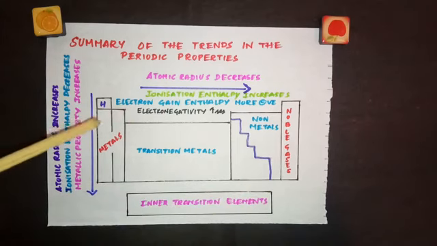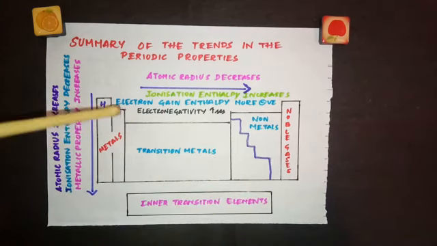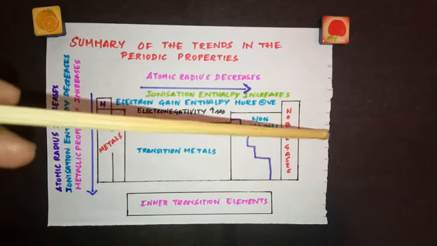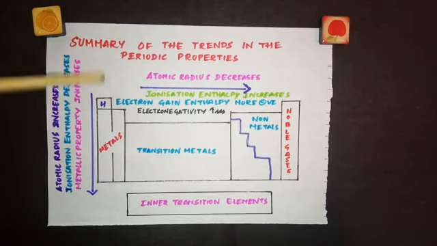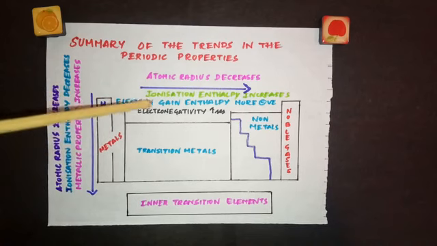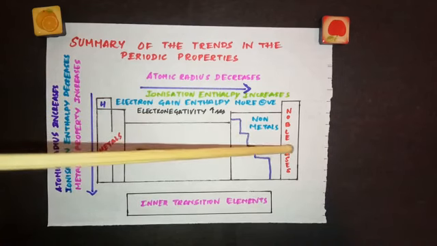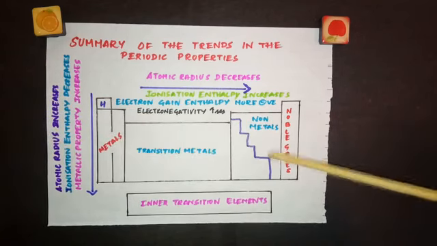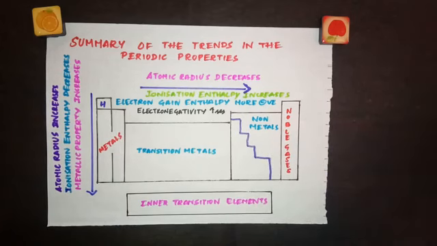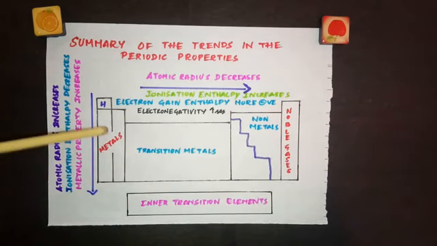So understand this. Ionization enthalpy increases, which means this side ionization enthalpy is the least. Here electron gain enthalpy becomes more negative, which means at this end it is more negative compared to this side.